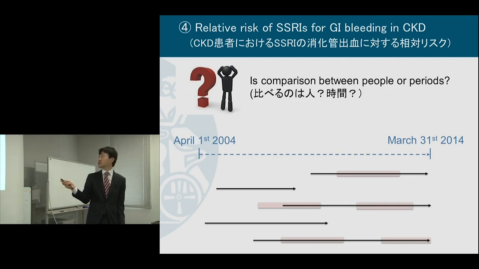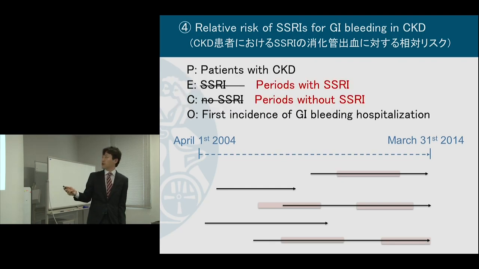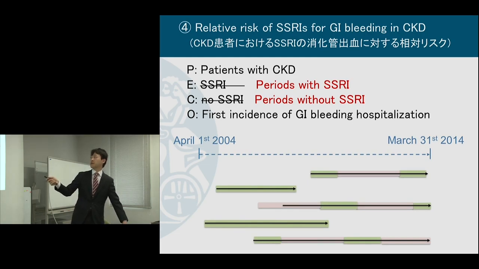So I should have compared periods. One patient may have both periods with and without antidepressants. By which I mean I compared periods with and without SSRI, so pink versus green. That's my decision.